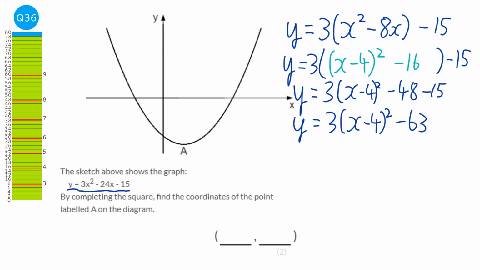On our graph, we're going to draw the graph of y equals 3x squared. Okay, simple. And it's only a sketch, so we don't need to worry about exact values, but we do know the most important thing is we know it goes through the origin, so it hits here at 0, 0.